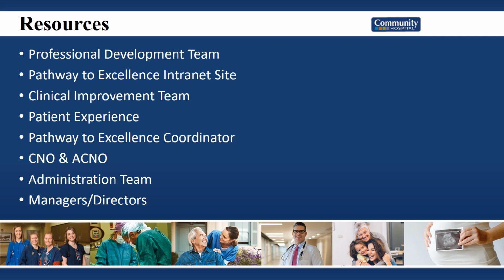One of the other cool things that I think about the Pathway to Excellence site is that it actually lists out most of the EOPs, which is an element of performance. And they're not all on there, but if you have a question about, okay, what is it that we're actually writing to? What is it that we're doing? You can either reach out to me, or you can go onto the intranet site and do a little bit of research on your own.